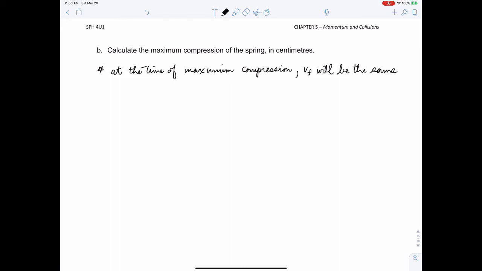We're going to solve this in 2 parts. The first part is to determine the final velocity, and then we're going to use this final velocity to find the compression x. So we have m1 v1 initial plus m2 v2 initial is equal to the final velocity times m1 plus m2.